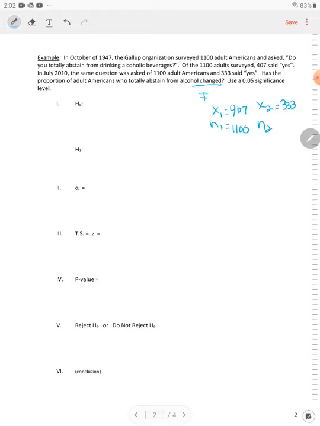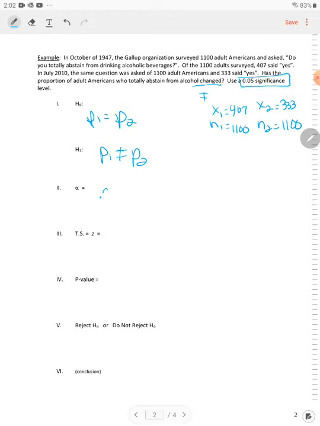Then we will decide how to write our null and alternative hypotheses. The null hypothesis is p1 equal p2. Remember, it's always equal. p for proportion. Your alternative is p1 is not equal to p2 because it's changed. And your level is given right here.